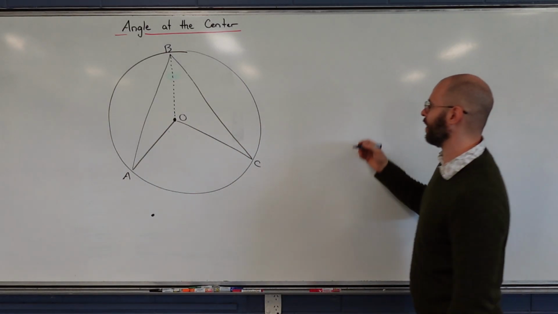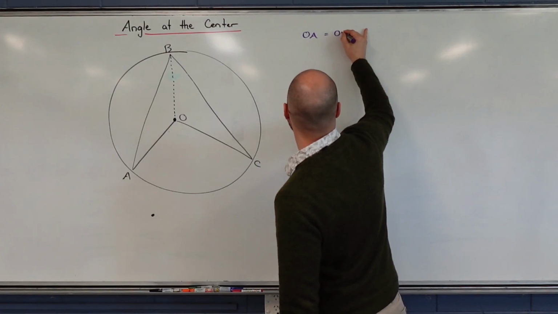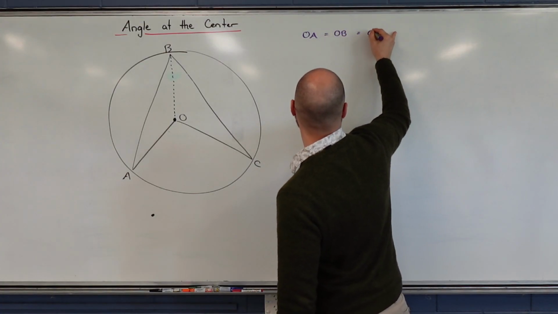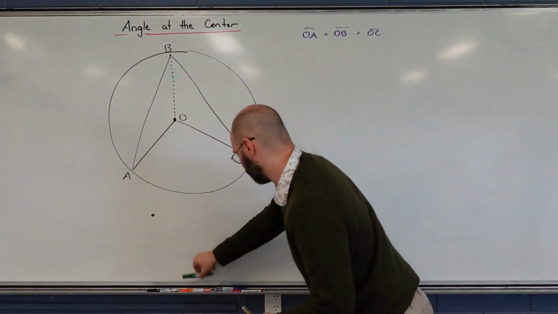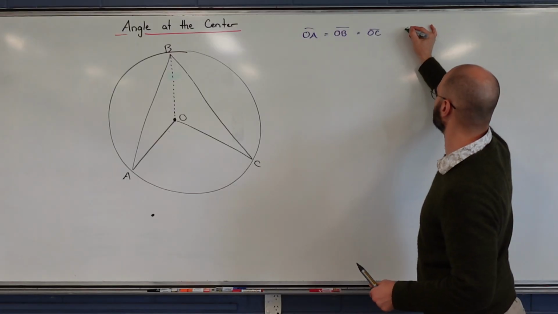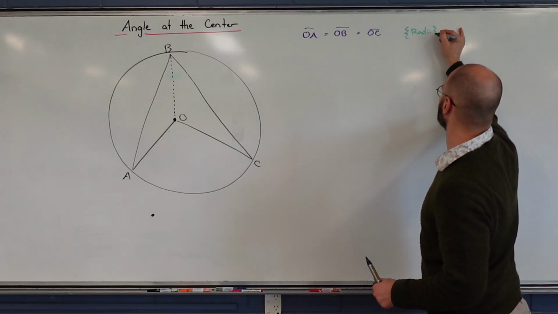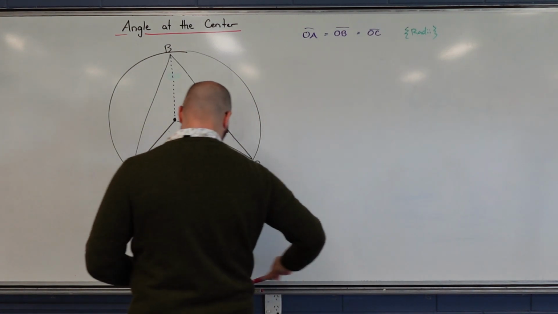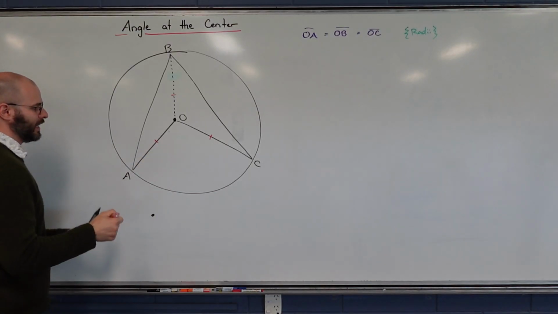Yeah, they're common radii. OA equals OB equals OC. And the reasoning for this is radii of the circle. So therefore, we immediately know that these sides are all equal.